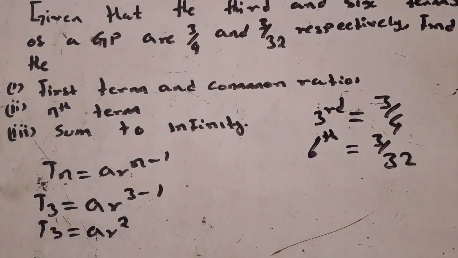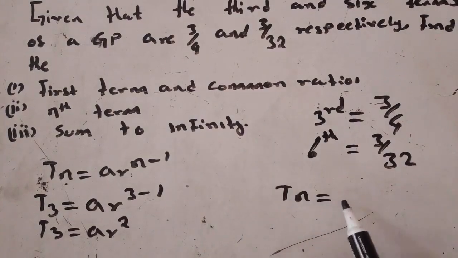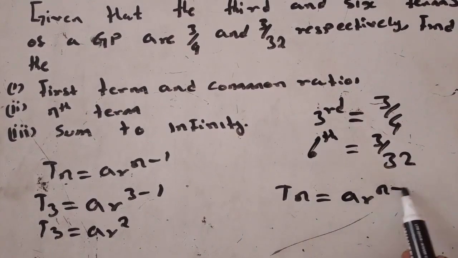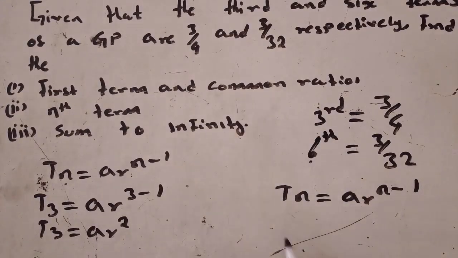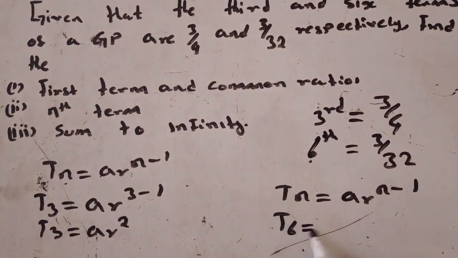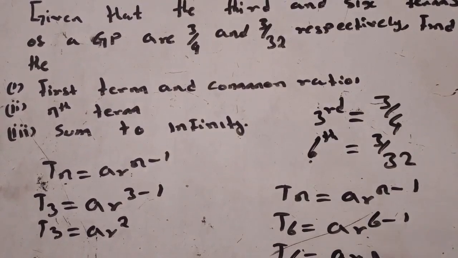Let's now find the formula for the sixth term. We know that Tn is equal to ar to the power n minus 1. Where there's n, we put 6, because we're finding the formula for the sixth term. So T6 is equal to ar to the power 6 minus 1, hence T6 is equal to ar to the power 5.